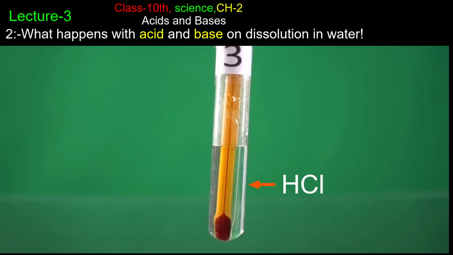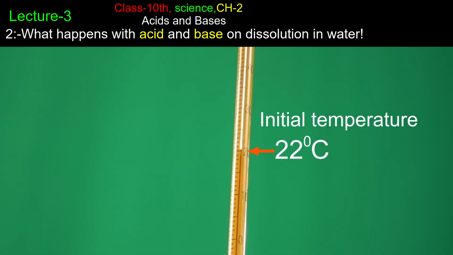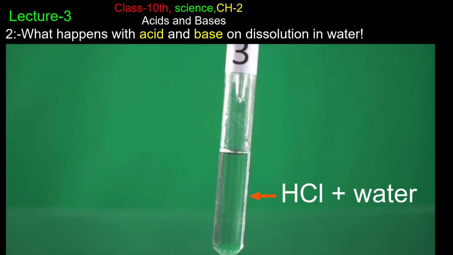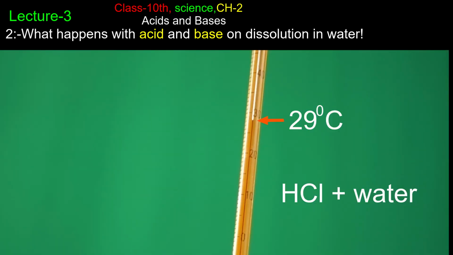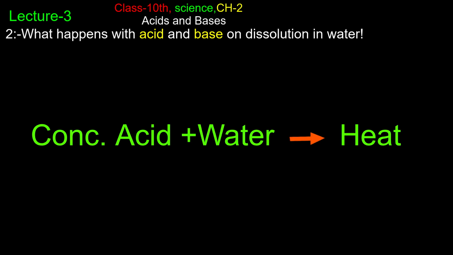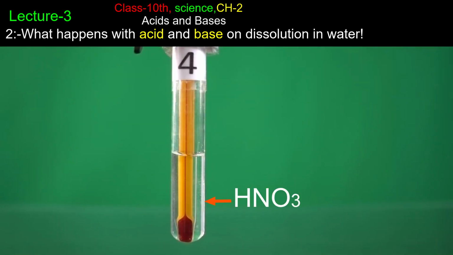Number 3, temperature of concentrated HCl is 22 degrees Celsius approx, and on water being added, it goes up to 29 degrees Celsius. Remember that heat is being constantly lost in the surroundings because we don't have any insulation for this test tube. Next, number 4, HNO3.